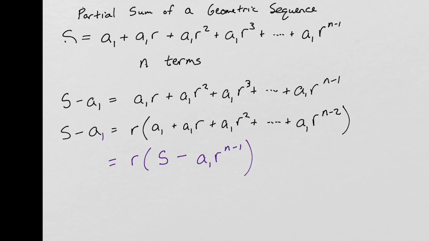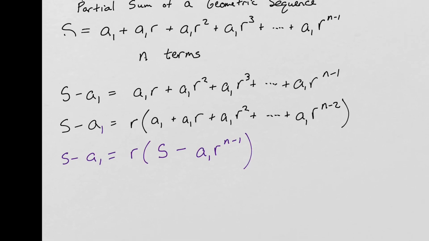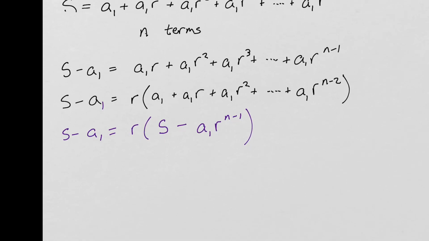That should be a 1 right there. I'm pausing on my own, though of course you can literally pause me with the buttons on your video controller. So, S minus A1 is equal to R times parentheses S minus A1R to the n minus 1. Okay, saying that out loud is really bad, but looking at it's not too bad. We're just going to try to get the S terms together. We're going to try to figure it out and solve for S.